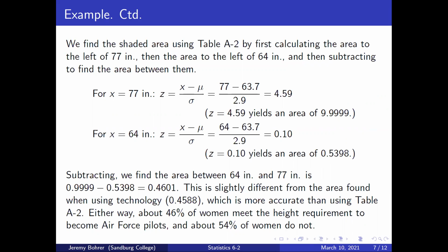Subtracting, we find the area between 64 inches and 77 inches is 0.9999 minus 0.5398, which is 0.4601. This is slightly different from the area found when using technology, 0.4588, which is more accurate than using table A2. Either way, about 46% of women meet the height requirement to become Air Force pilots, and about 54% of women do not.